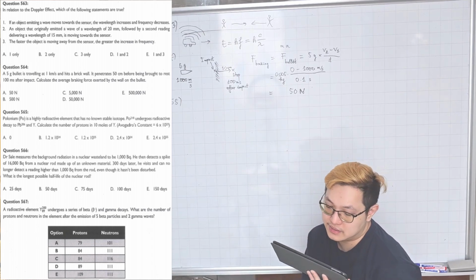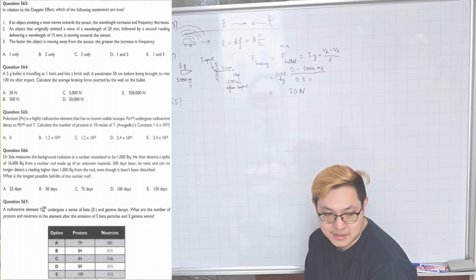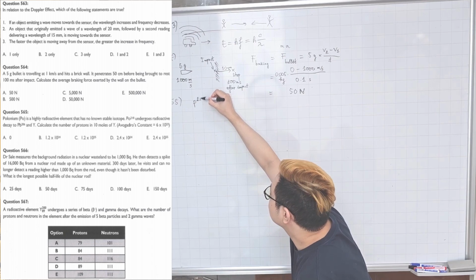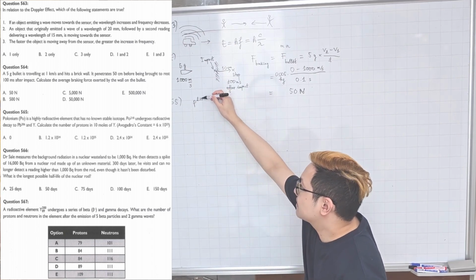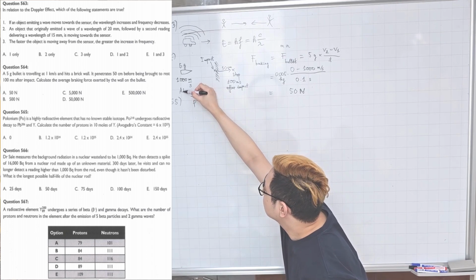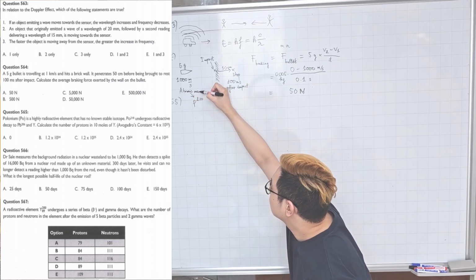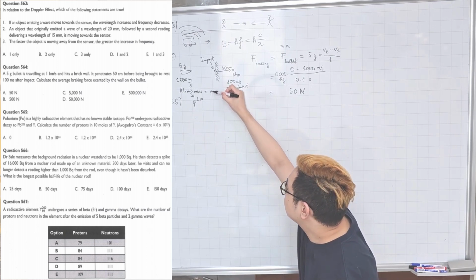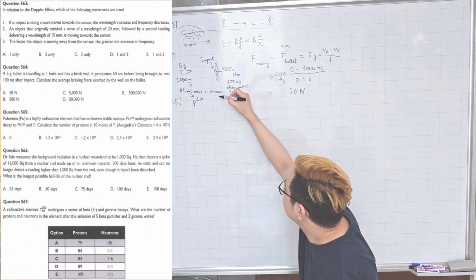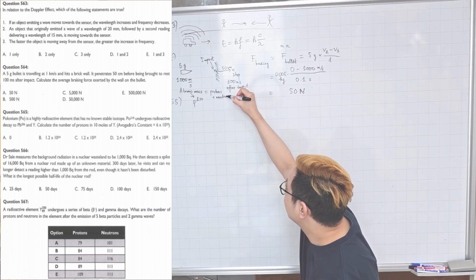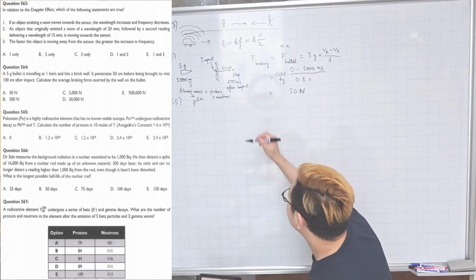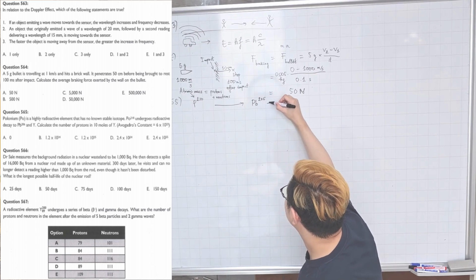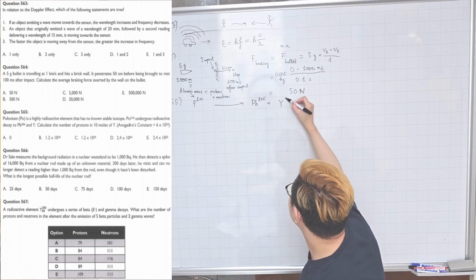Okay, they say protons in Y. So what does it mean? It means that polonium-210, what does this number mean? This is the atomic mass number, right? And this is protons plus neutrons, right? And now you see that this is decaying into lead-206 plus Y. So it means that Y has to have 4.